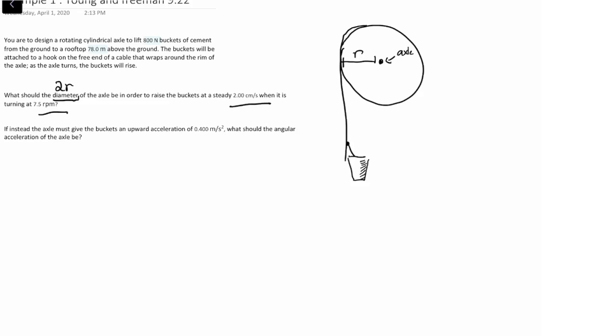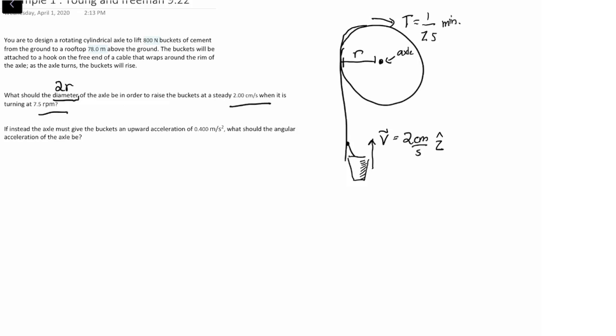Here's my crude drawing of a bucket. Up this axle with a velocity of 2 centimeters per second. In this case, let's say in z, going up. And we know that this is turning at some rate of a period of 1 over 7.5 minutes.